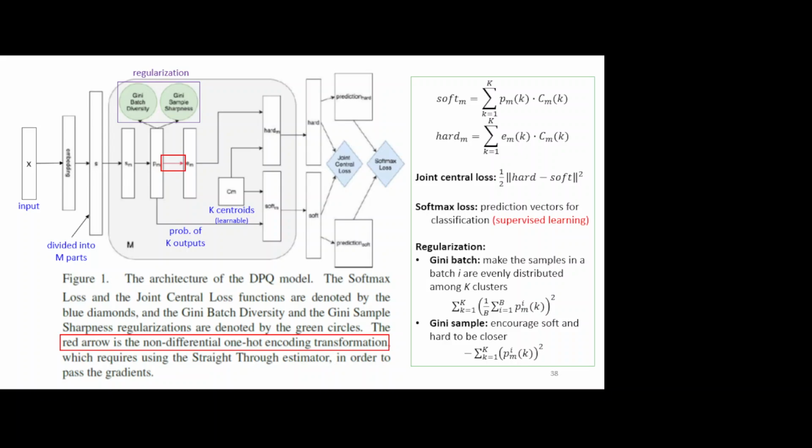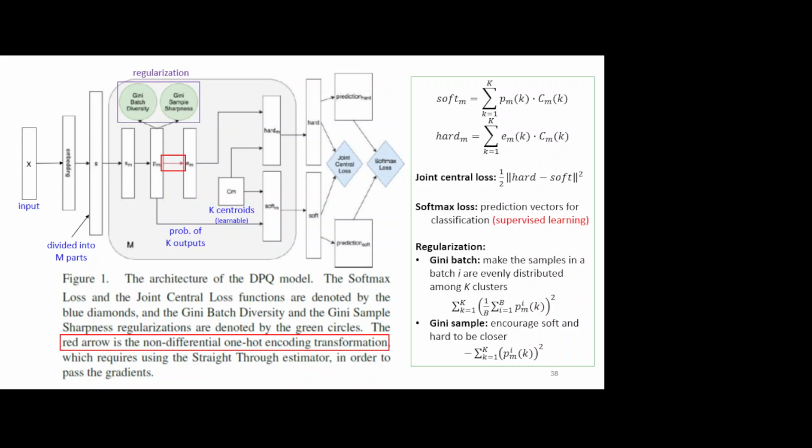The second loss is the per-sample loss. This means they encourage the soft and the hard representation to be closer. Later we will see what the hard and the soft are. The main idea is that after quantization, they have two different quantizations, one hard and one soft, and they hope that even though you apply two different quantizations, the results should be close to each other.